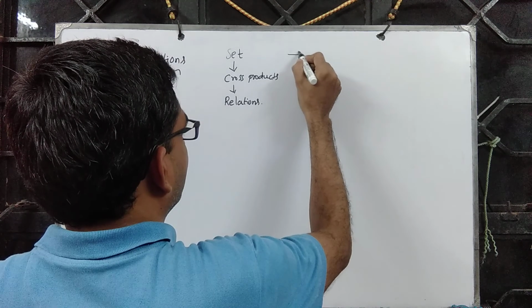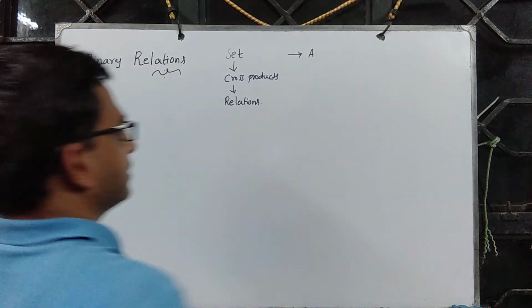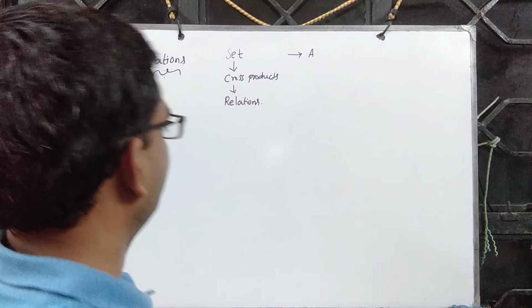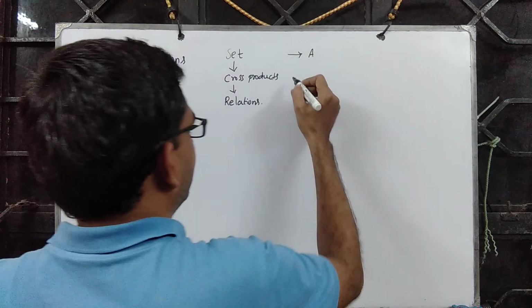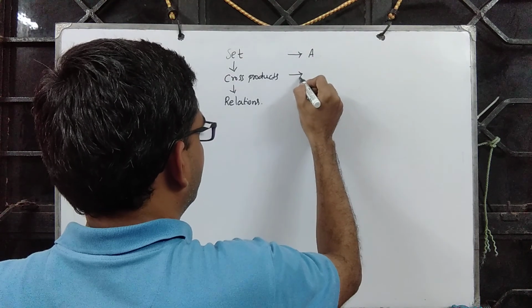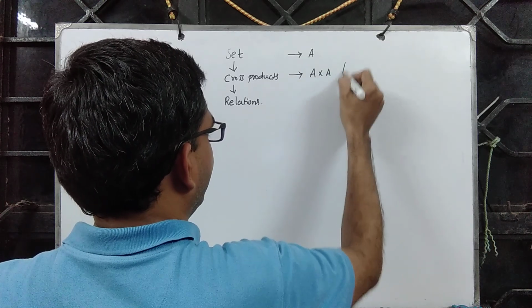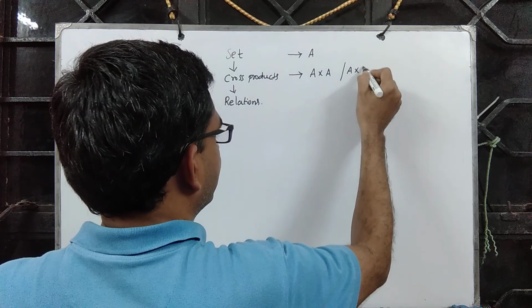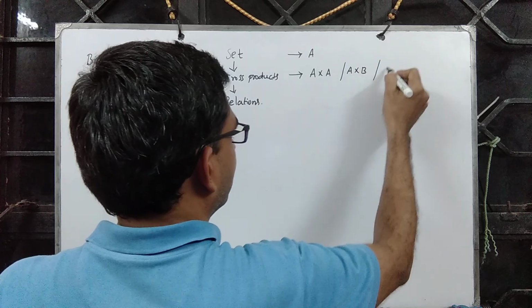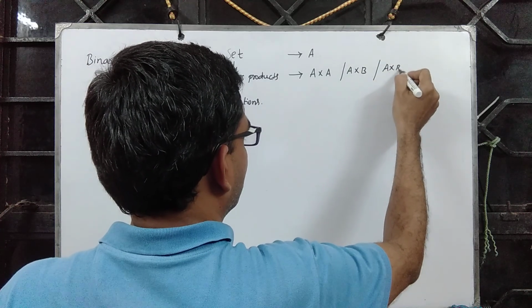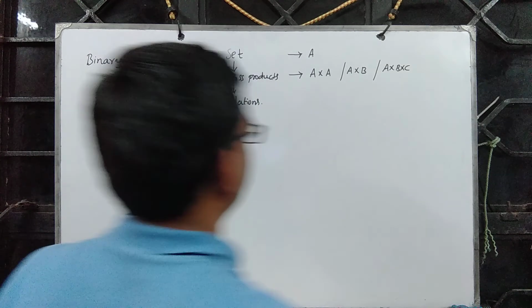If A is a set, A could be a finite set or an infinite set, we talk about cross product, either A cross A, or if it is two sets then A cross B. If it is three sets then we talk about A cross B cross C and so on.